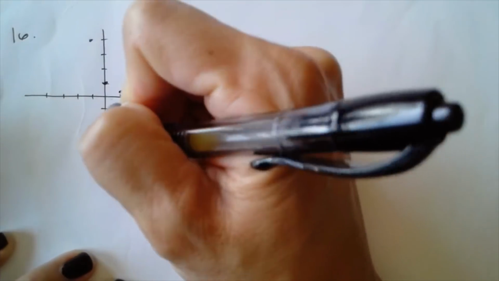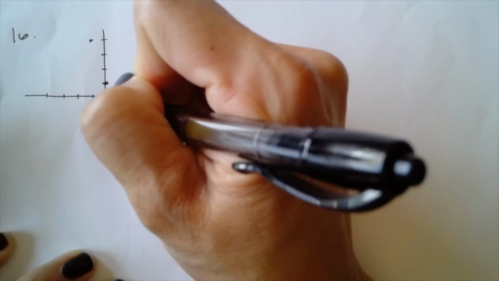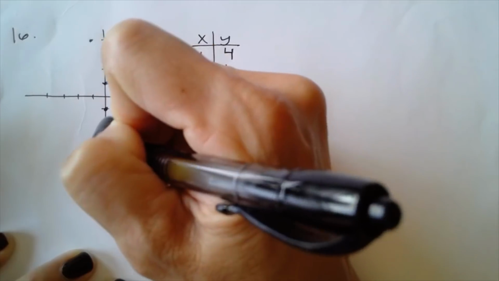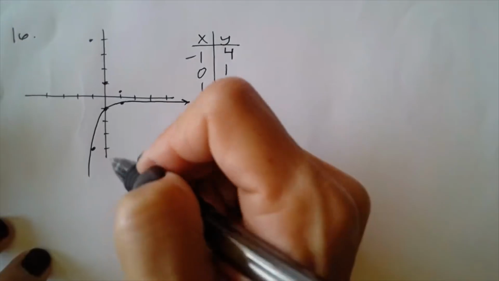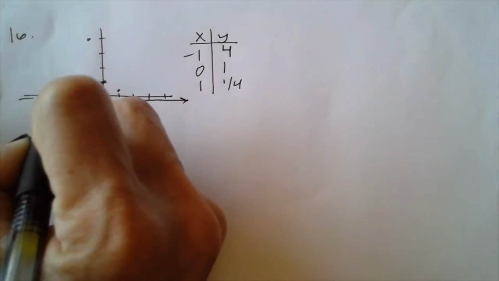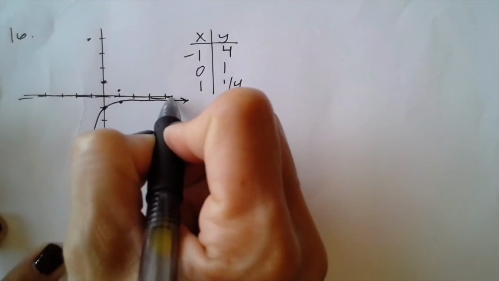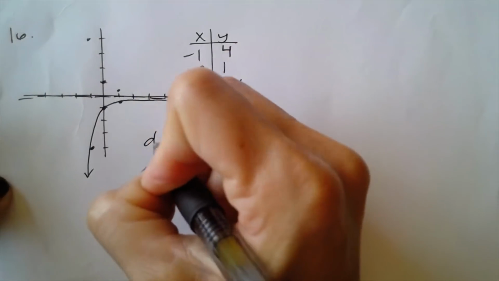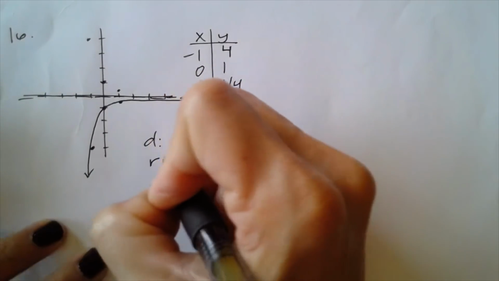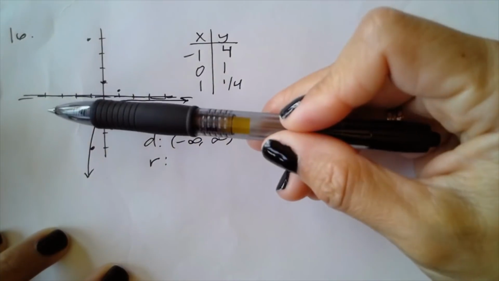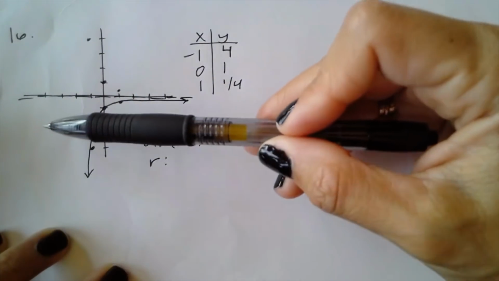So we're going to reflect these points across the x-axis. And there's your graph. And you have a horizontal asymptote at y equals 0. So the domain is all real numbers. Your range, the graph is from negative infinity up to 0.